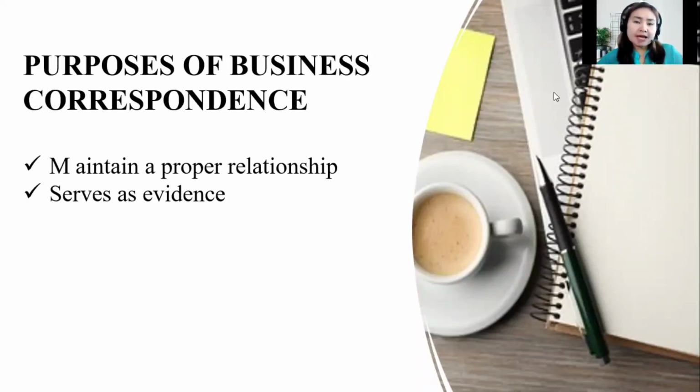And what if that employee does not submit that requirement? Then, of course, the person in authority or the manager can also direct him or her to the memo that was released months ago or weeks ago. So that served as an evidence that that policy was already released and that the employees need to adhere to that. Okay, so that's the second purpose of business correspondence.